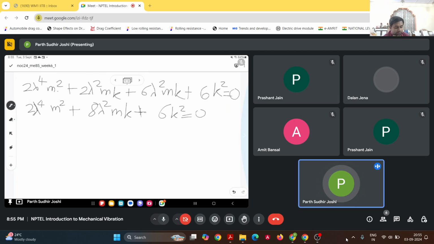Here you can do a simple substitution. It's actually a fourth order equation, but you can solve it like a quadratic one by saying that lambda square is some z.